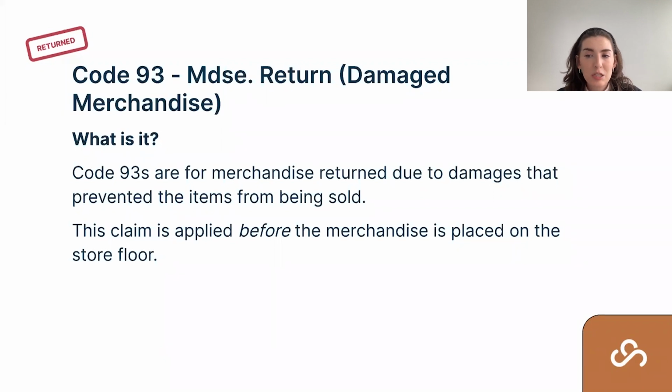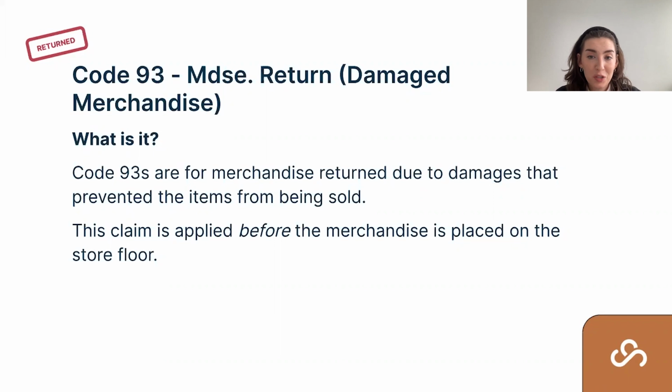It was warehouse picked and then pulled out, and you sent your one case pack, and they opened the case pack, and one of the glass bowls is chipped on the side. The rest of the glass bowls could go out onto the store floor, but that one glass bowl that's chipped, the claim would be applied because it was put on before the merchandise hit the store floor.